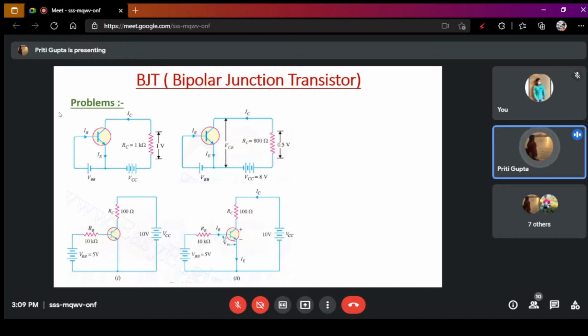The voltage across the collector resistance is 1 volt and the resistance is 1 kilo ohm, so your IC will be 1 volt divided by 1 kilo ohm. Simple, I equals V by R. Substitute in the formula IB equals IC by beta and you will get IB. At first find out IC. How much is your IC coming, tell me.